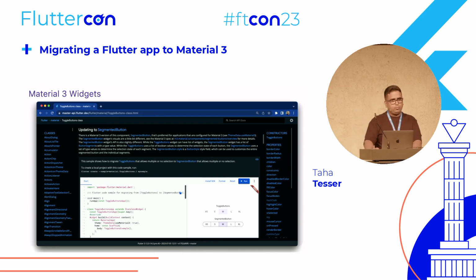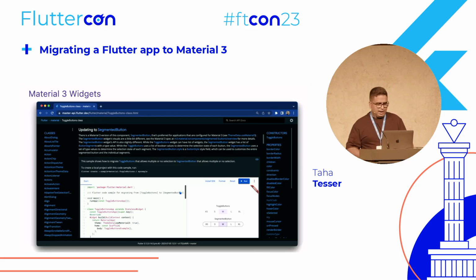Our goal, when I'm contributing to the Flutter framework, is to make sure that there is as much documentation as possible for Material 3. It should be as easy as possible for anybody to run into a Material 3 widget and then find a Material 2 widget and then find a Material 3 migration for it.